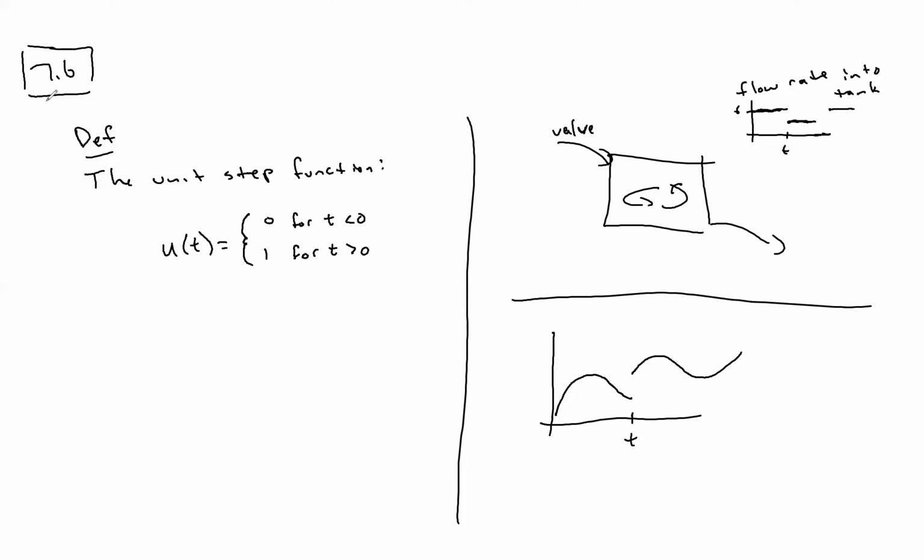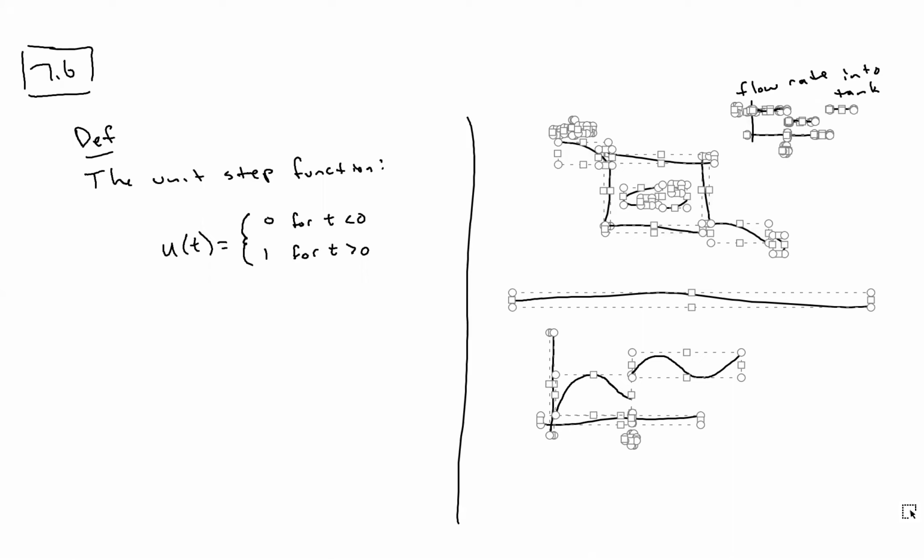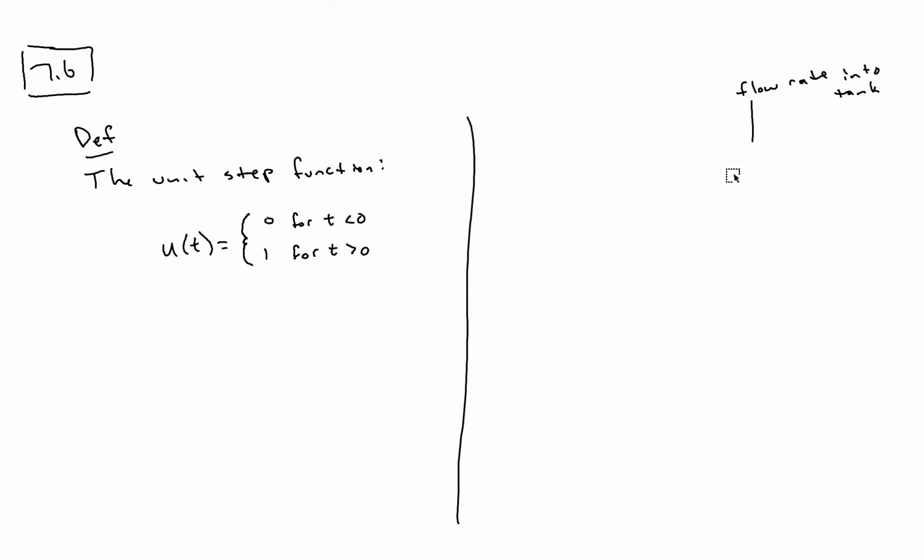Now let me get to a few basic definitions that we need in order to use our Laplace transforms. The very first definition is the unit step function. The unit step function is something we'll use quite a bit in this section.